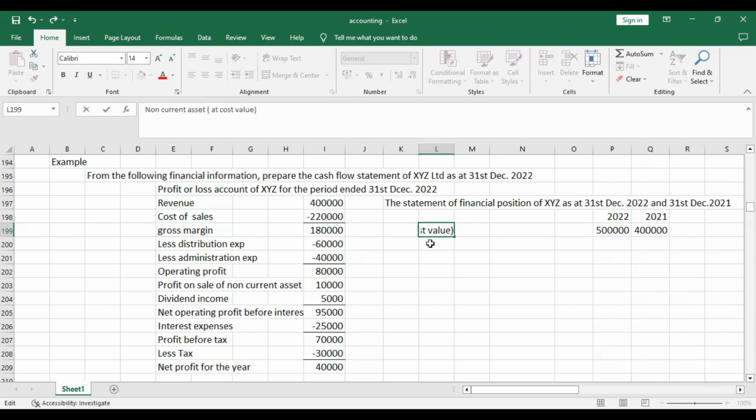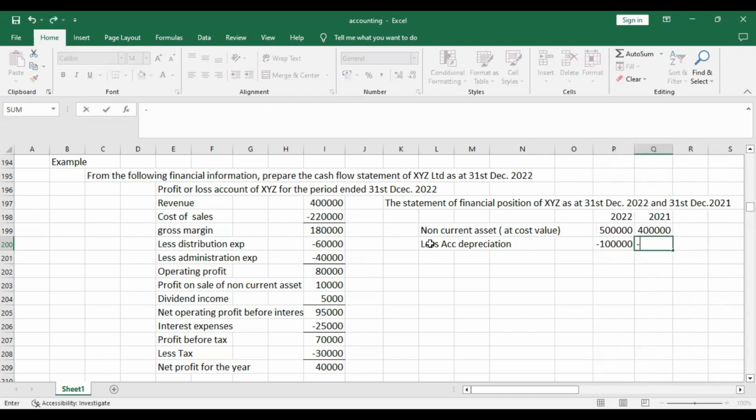Then less accumulated depreciation. You have been given minus 1 lakh and minus 80,000. Then what you get is the net book value: 400,000 and 320,000.